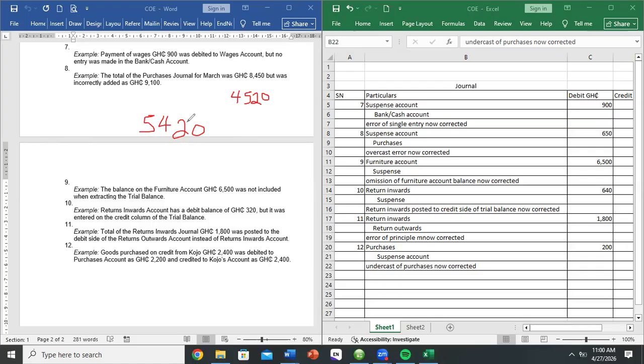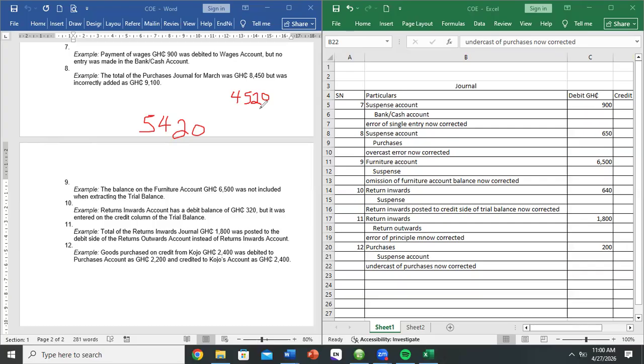So anytime you see that a figure has been transposed, ask yourself, was that transposed figure used to do both the debit and credit? If that is the case, then you can say it's an error of what? Original entry. But if the transposed figure was only used in one of the accounts, then you can say it is an error of transposition.